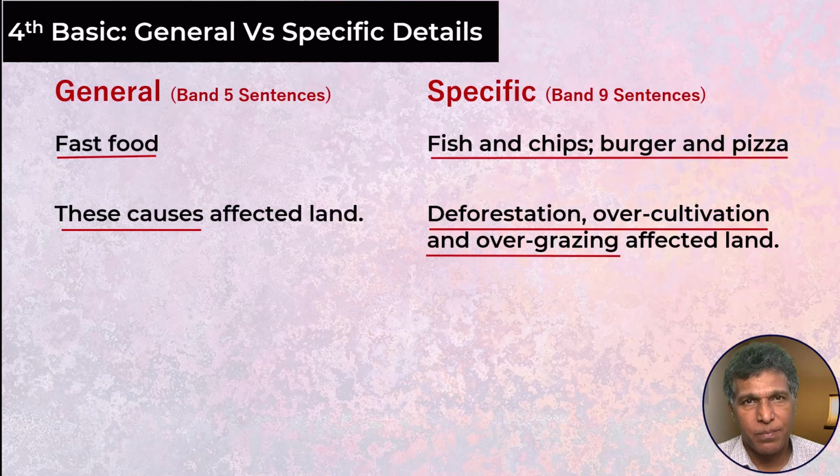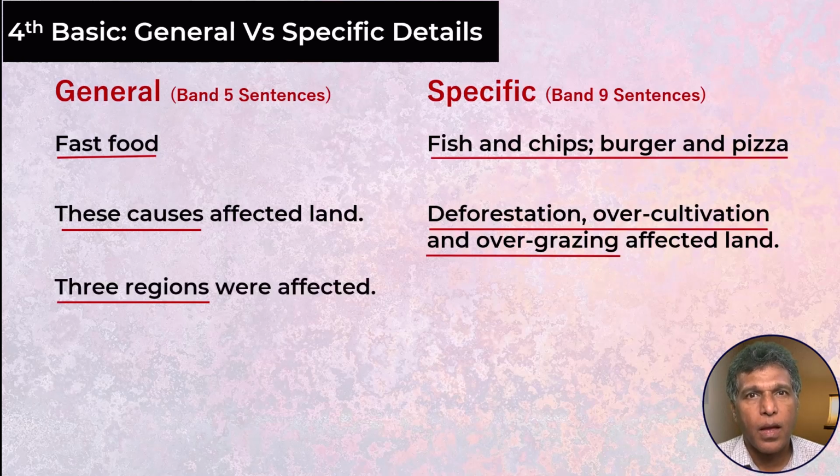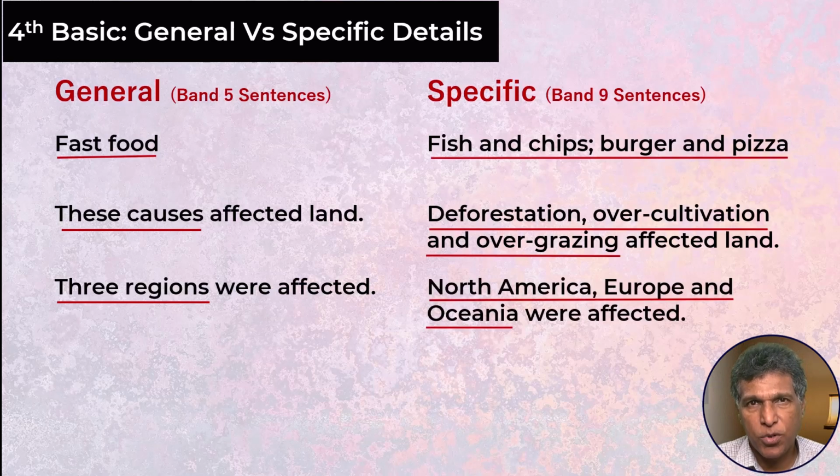The third example, the three regions were affected. Again, you are not telling me what those three regions are. The examiner wants to know that. But if you say North America, Europe, and Oceania were affected, the examiner will be impressed.